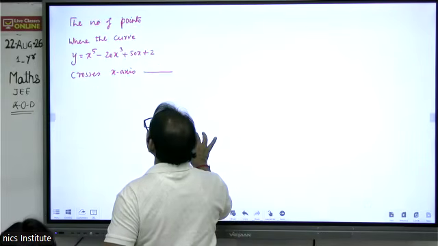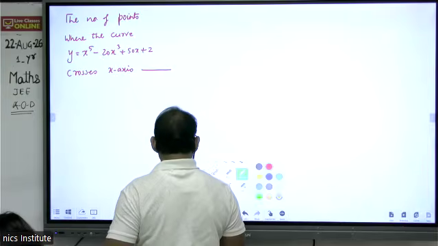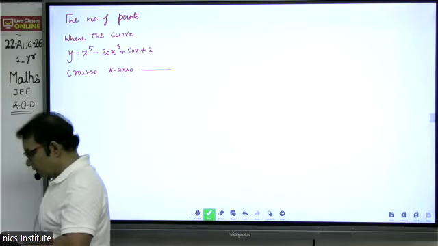Differentiate, get the points of local maxima and minima, approximately plot the graph, and you get your answer.